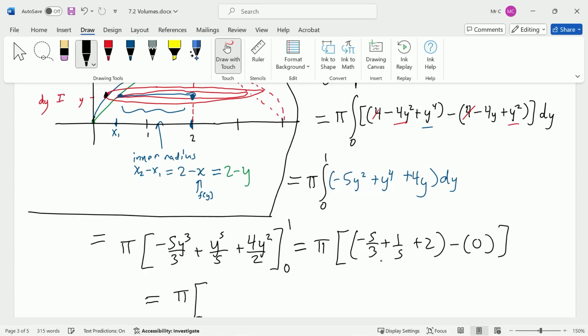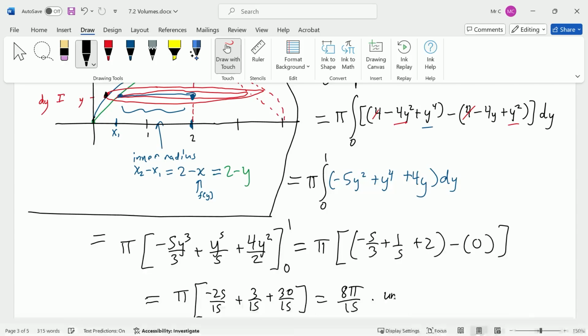Okay, so now we've got to find a common denominator here. We'll go with 15. So multiplied by 5 over 5, that's negative 25/15 plus 3/15 plus 30/15. That's going to be 8/15 of pi. So 8 pi over 15.